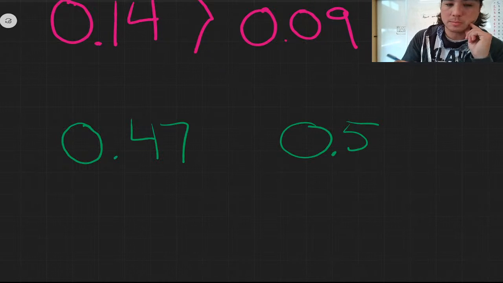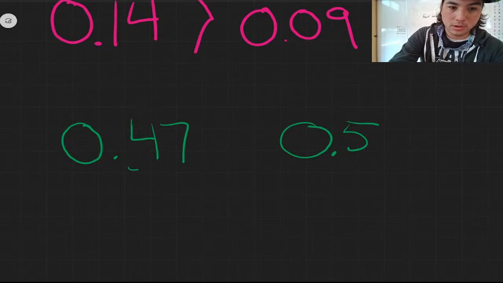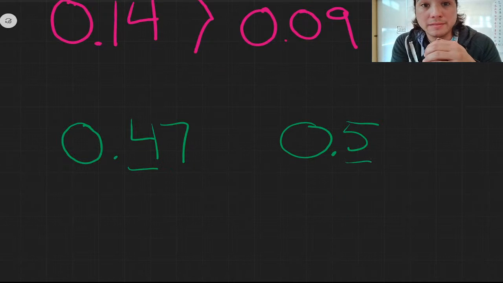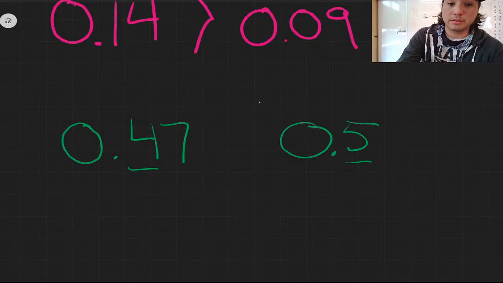So we've got to think about what we can use to determine which one is greater. Let's look at the tenths place in both of these. We have 4 tenths and we have 5 tenths. There's your hint. Which one is greater, 5 tenths or 4 tenths? Our 5 tenths is going to be greater.